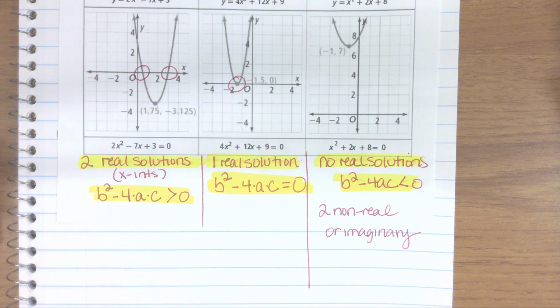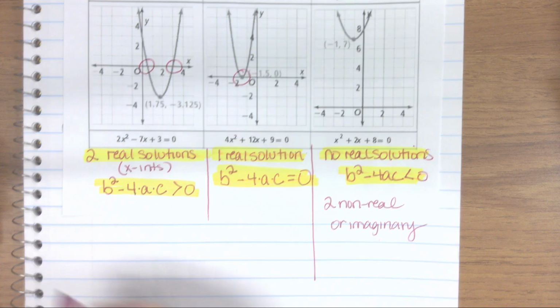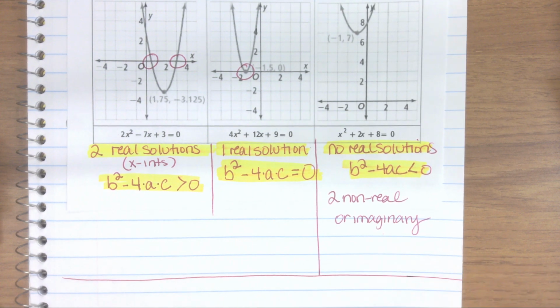We're going to do like 2 examples, and then we're going to do whiteboard practice for a little bit. So right now, the only thing I want us to check is the discriminant.